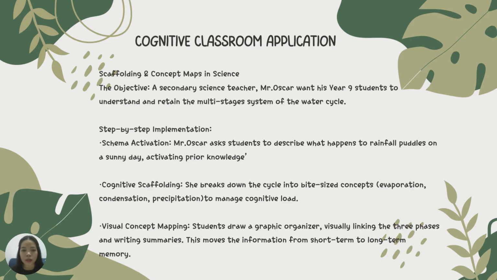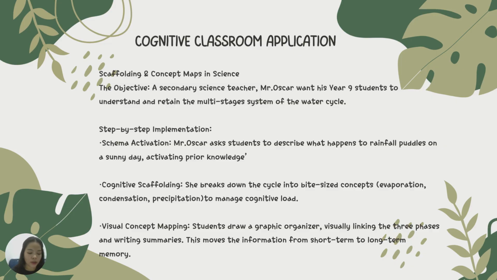The next is how the cognitive approach applies in the classroom. Let's look at a secondary science application. To teach the water cycle, Mr. Oscar asked the students to describe what happens to rainfall puddles on a sunny day.